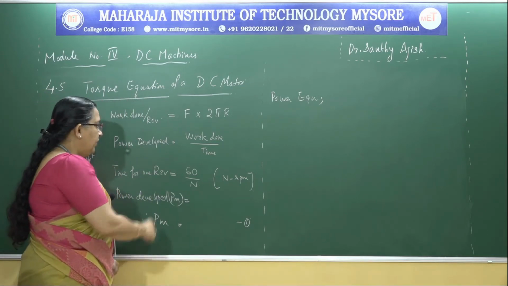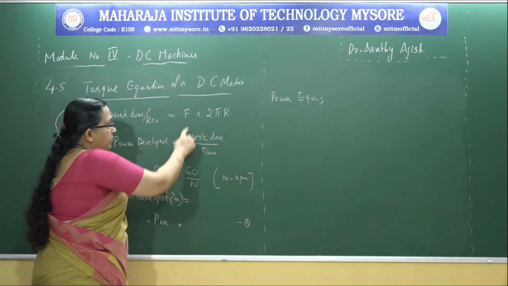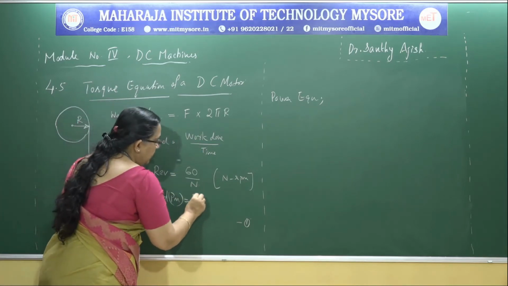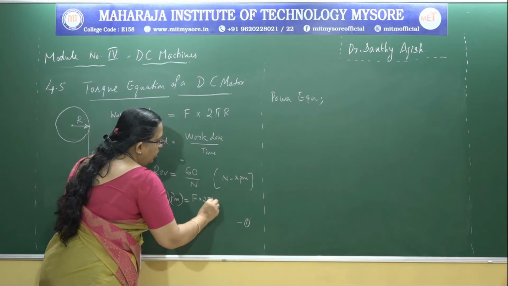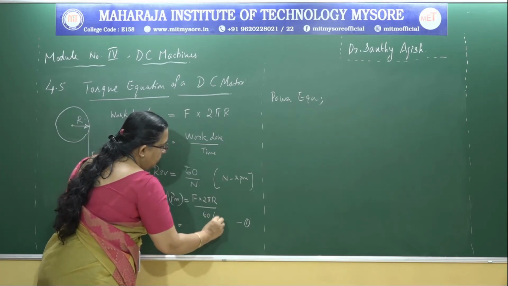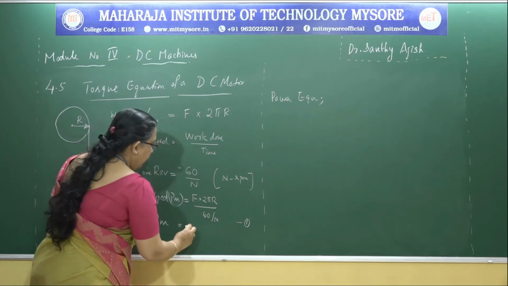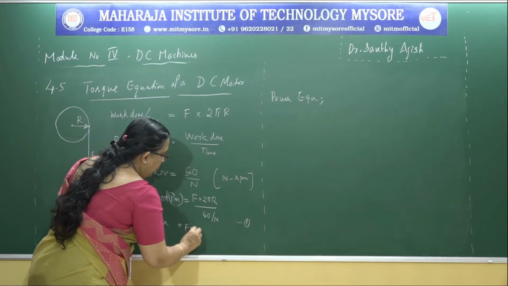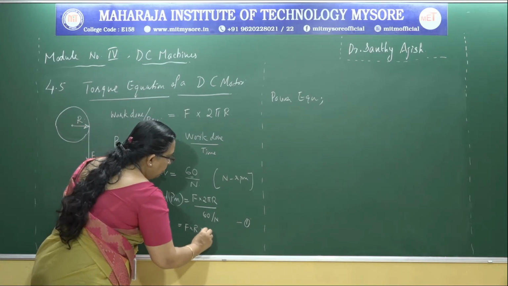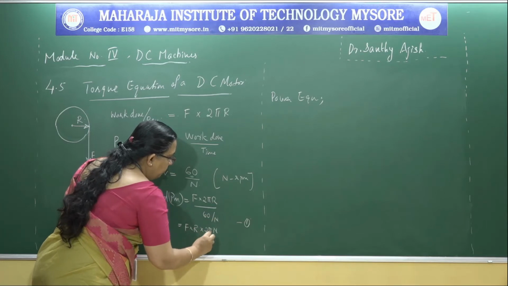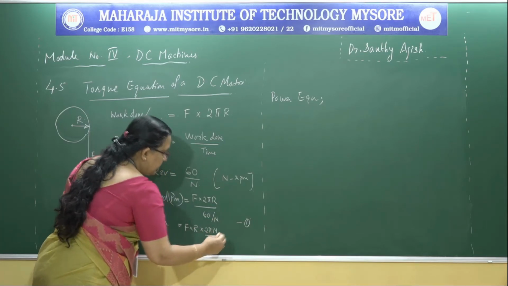Now what is the power developed then? Power developed is work done divided by time. Work done is F into 2 pi R, divided by 60 divided by N, or I can write it as F into R into 2 pi N by 60.